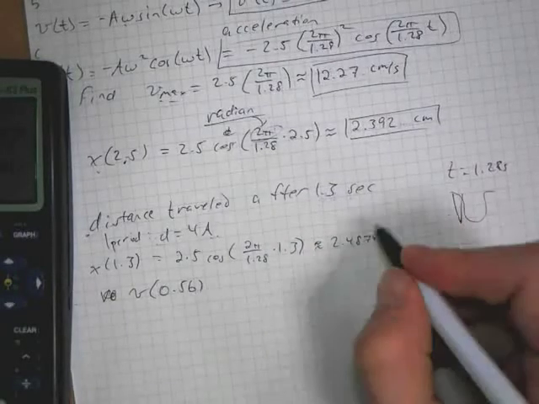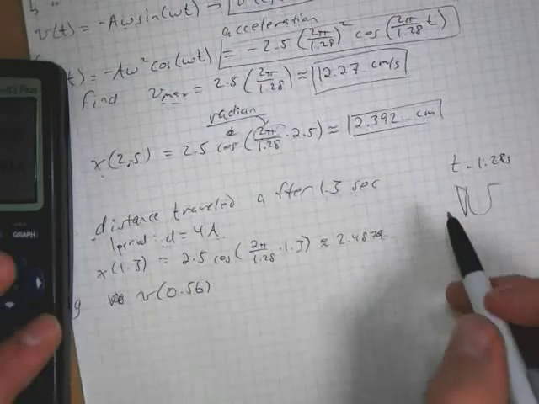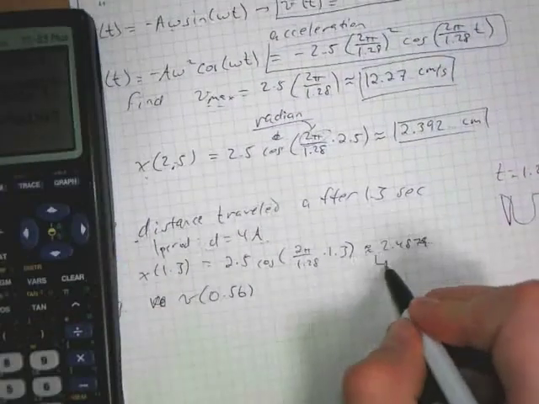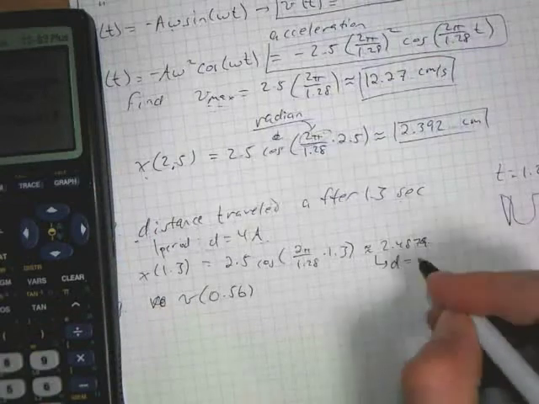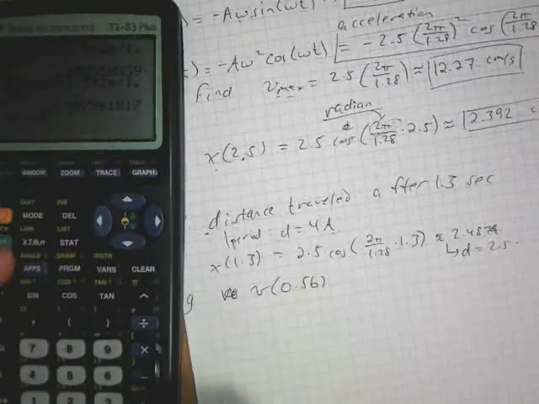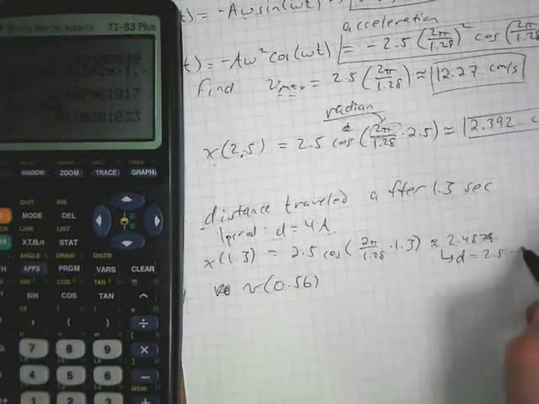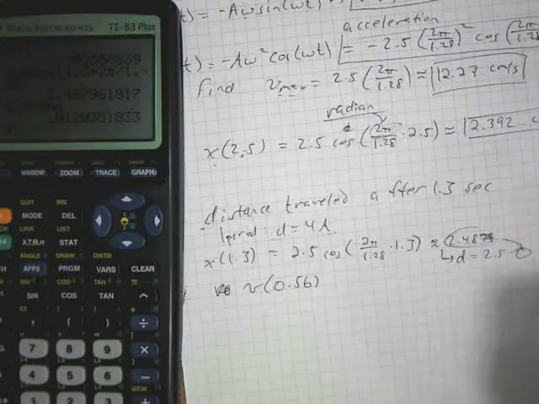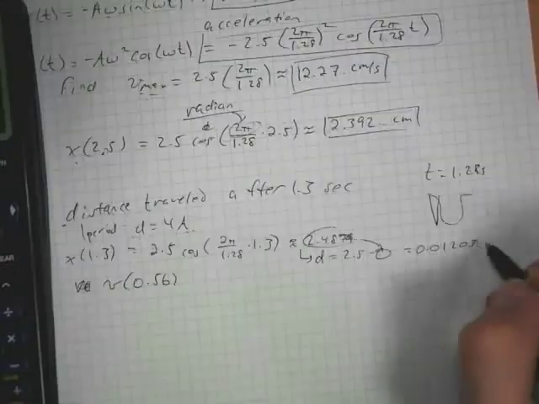Which means that from the start of a period, we've gone 2.5 minus that, and that's 0.01203 from our maximum displacement.